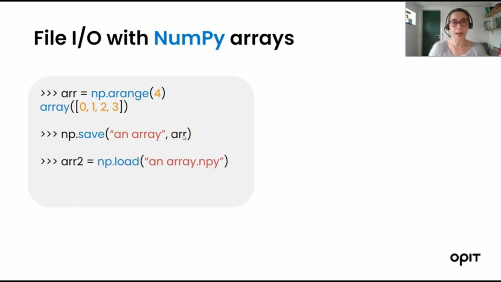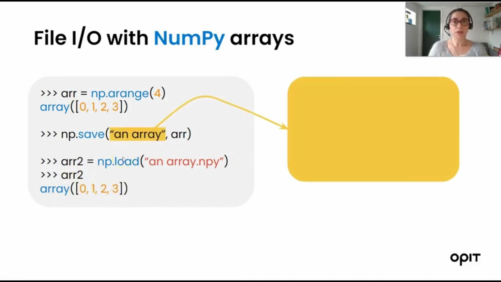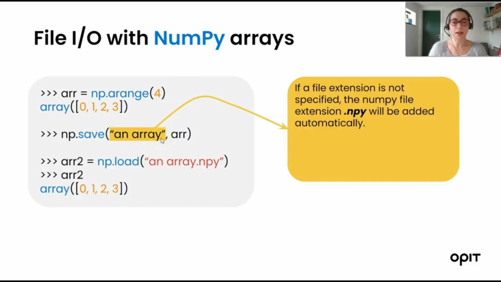When we want to load back the array into our code, we can simply call the function of NumPy load with the file we wish to load as an argument. And what we get is back our array structure. Notice here that when we write an array in a file in NumPy, the interpreter will always append the NumPy extension .npy at the end of the file.